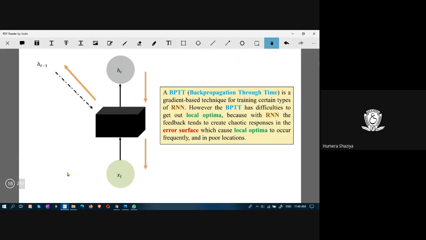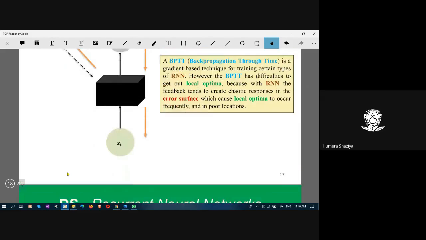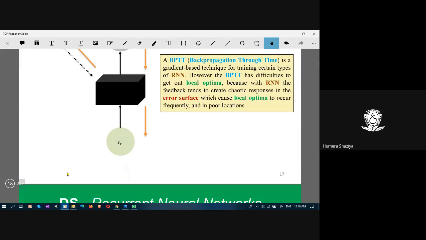Before that, let me tell you what this back propagation through time is. In this, we have weights: W, U, V. W are the weights between hidden and hidden. U are the weights between input and hidden. And V are the weights between hidden and output.